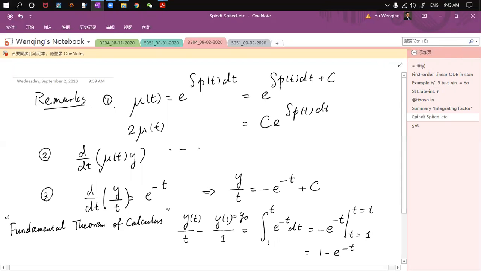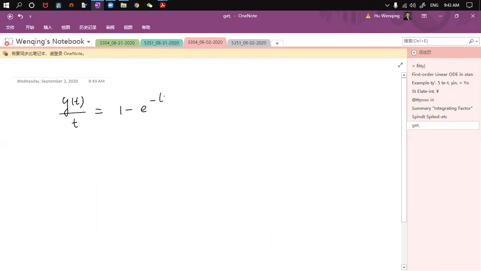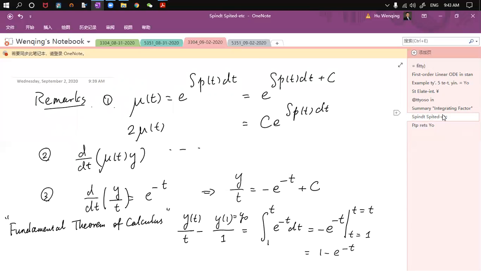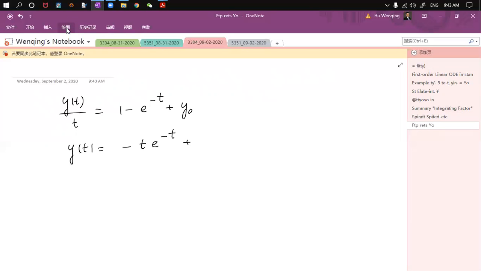You can move this term to the right, so you have 1 minus e power minus t plus y0. That tells you that y(t) is minus t times e power minus t plus, here t equal to 1, so this is going to be e power minus 1.